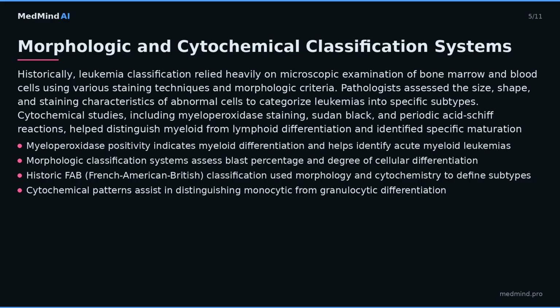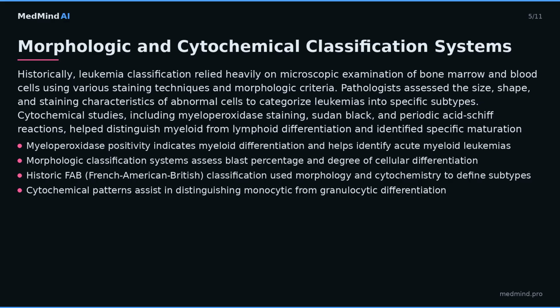Cytochemical studies, including myeloperoxidase staining, Sudan black, and periodic acid Schiff reactions, helped distinguish myeloid from lymphoid differentiation and identified specific maturation pathways. These techniques provided valuable information about the degree of cellular differentiation and helped predict response to certain therapeutic agents.